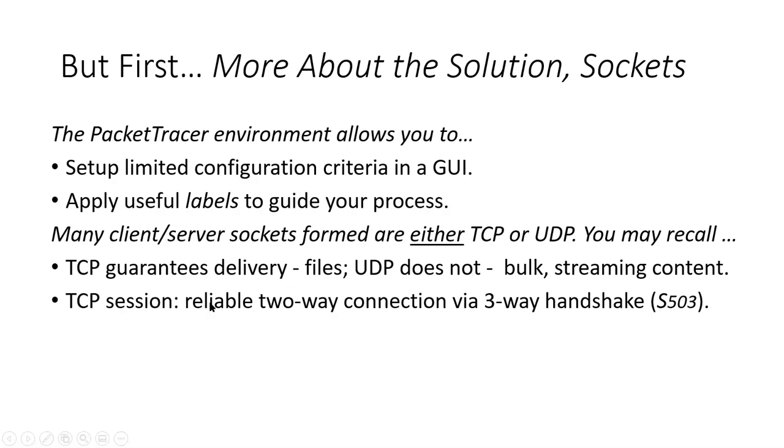TCP sessions are formed with reliable two-way connections using a three-way handshake, and this is really important to know. On slide 503 in your Comer slides, the student notes, basically it shows that three-way handshake.